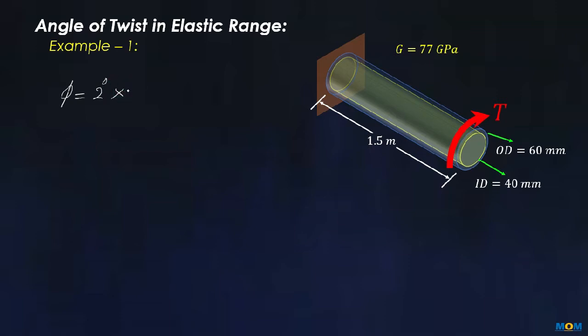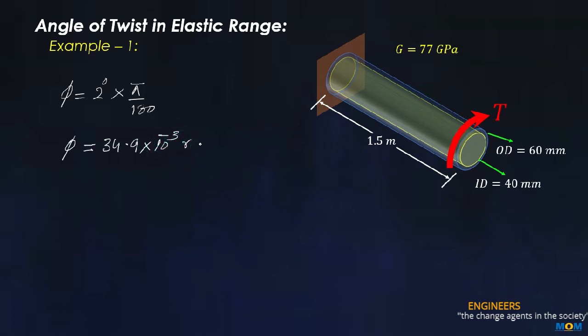To convert this into radians, we have to multiply with pi divided by 180. So the value of phi in radians would be 34.9 into 10 raised power minus 3 radians.